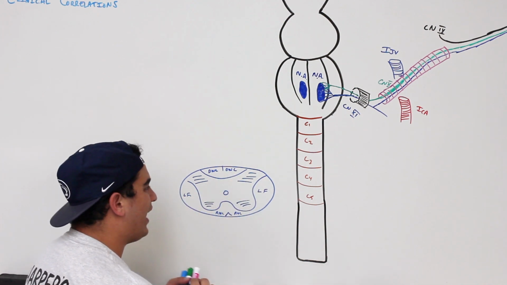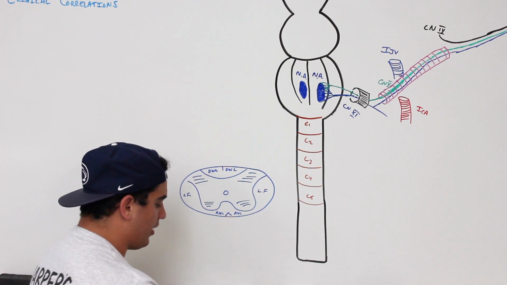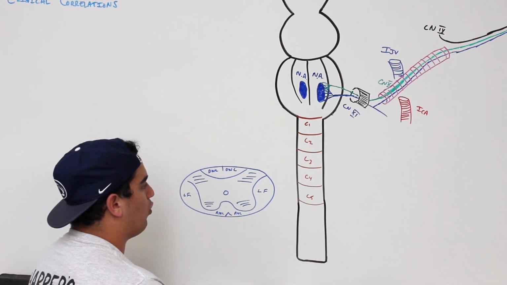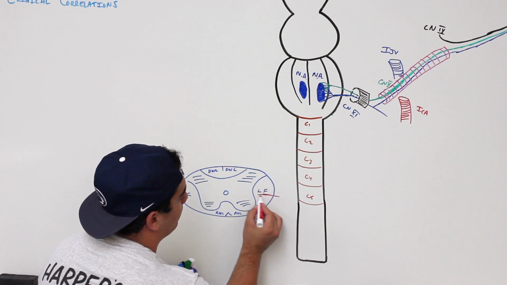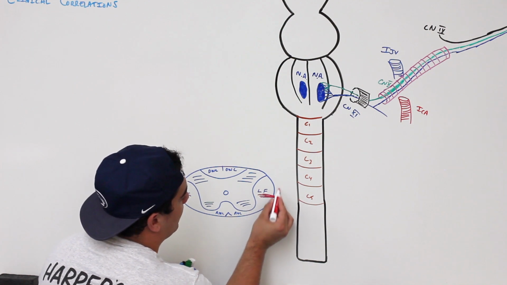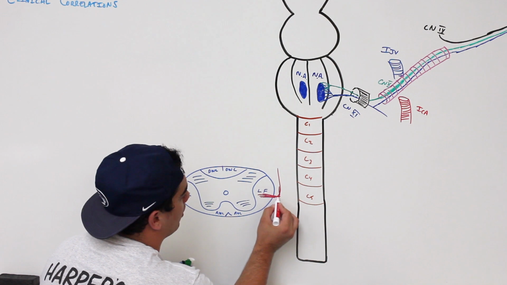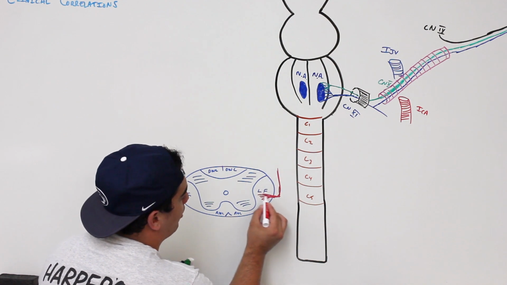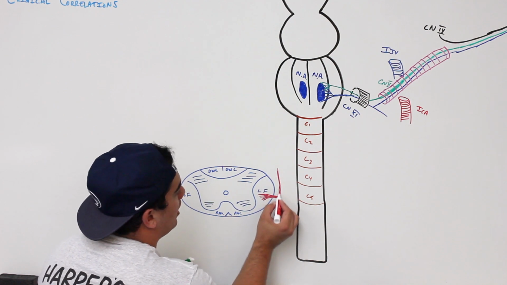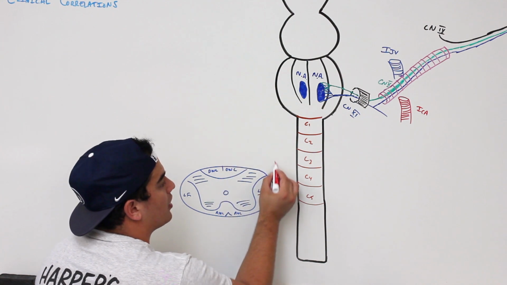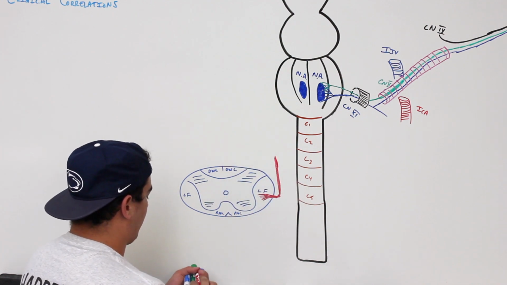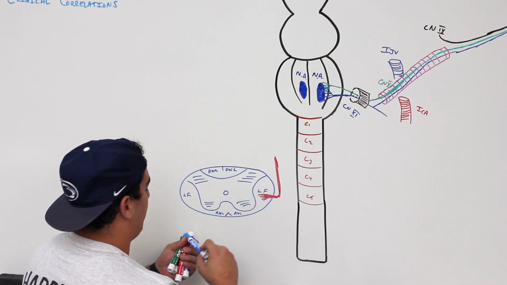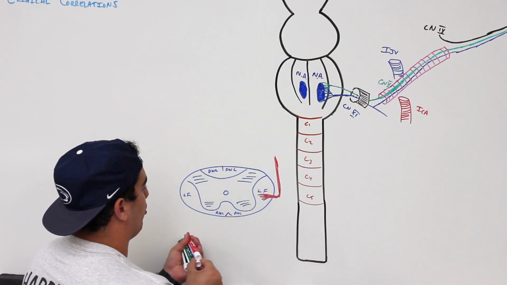Something very strange happens within this part of the cervical region of the spinal cord. Coming off the lateral funiculus, you're going to have these fibers coming outwards and then moving upwards. And what happens is, if you remember, let's do these in this normal blue here.